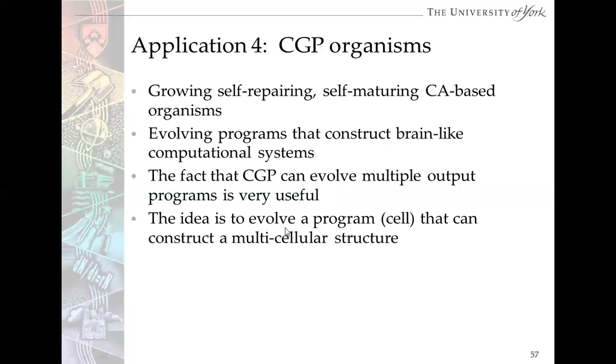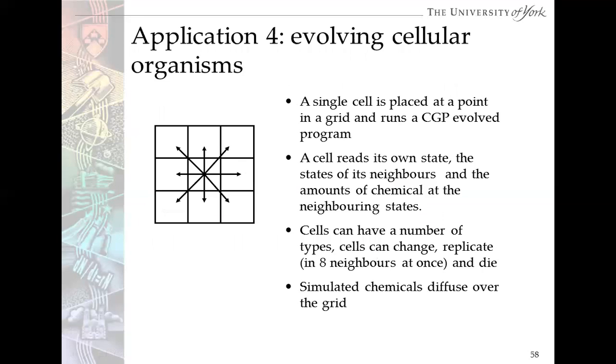So the idea of this work is to evolve a program inside a cell, which is a cell in a cellular automaton, that can construct a multicellular structure with various properties. So I put a single cell in a cellular grid, and I run a CGP-evolved program. And this program can read its own state, which is discrete, the states of its neighbors, and the amount of chemical at neighboring states.